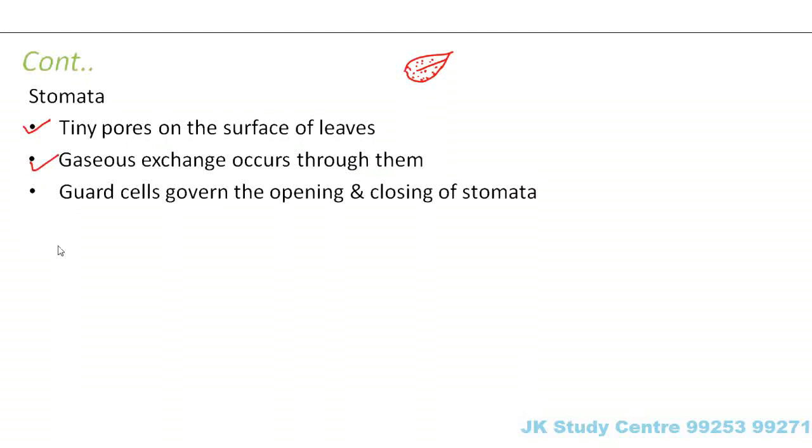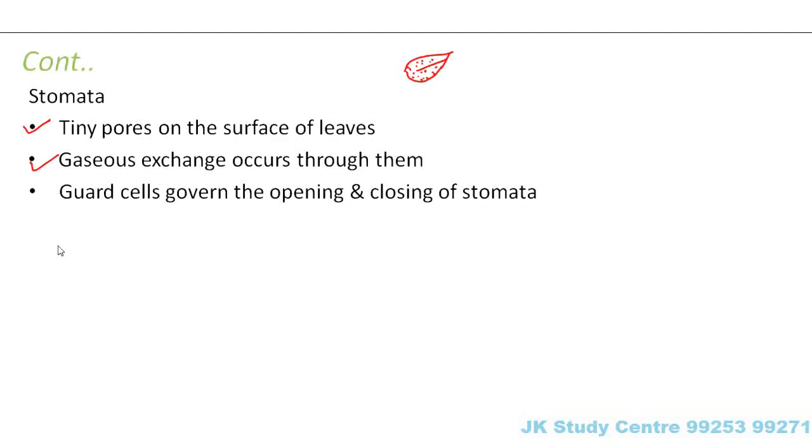Now, due to the presence of these small pores, the way carbon dioxide can enter inside the leaves, in a similar way, water can also go out through those small pores. If there are so many pores on the surface of a leaf, a good portion of the water which the plant takes for itself can escape out from these pores. So too much water loss can happen.